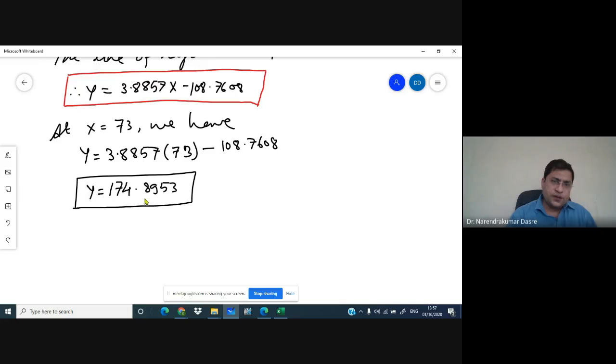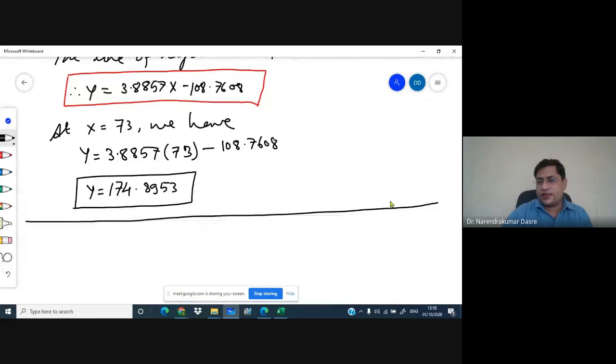So this is the value that we'll have for y at x is equal to 73, if we consider this to be the line of regression of y on x.